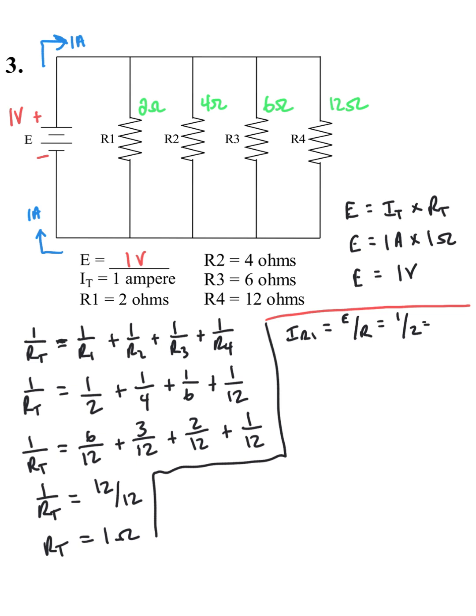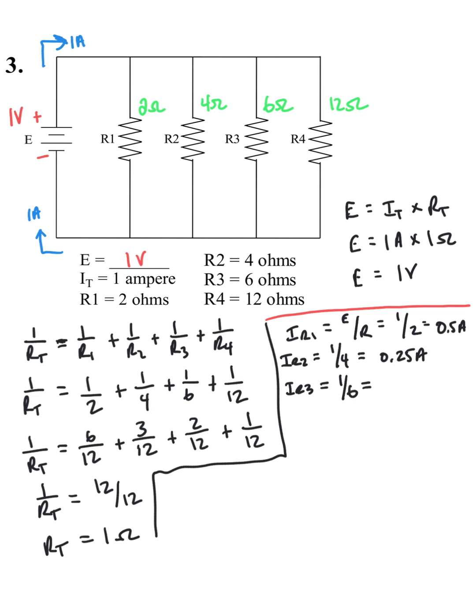If we divide 1 by 2, we end up with 0.5 amps. So let's do that for the next one. IR2 is going to be 1 divided by 4, right? And in that case, you're going to get 0.25 of an amp. And then we got IR3. And IR3 again is going to be 1 volt divided by 6.